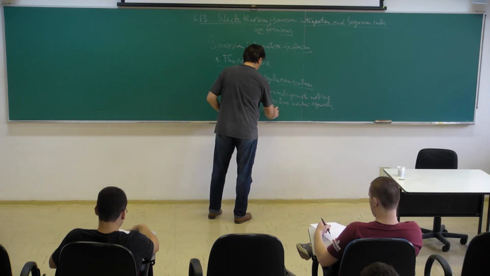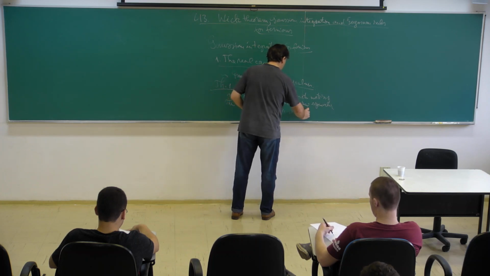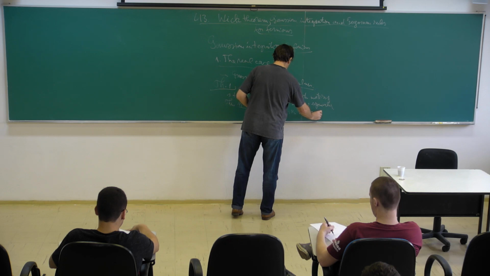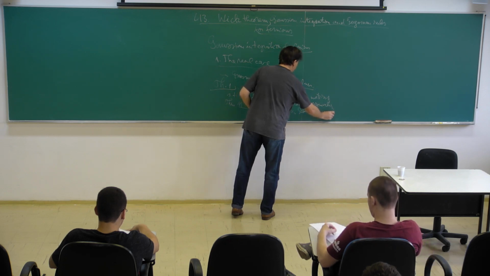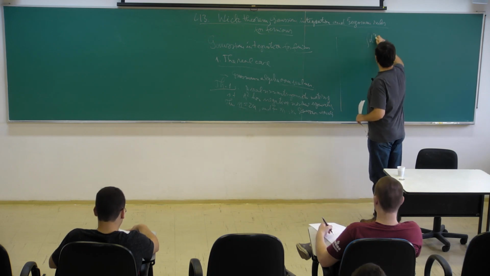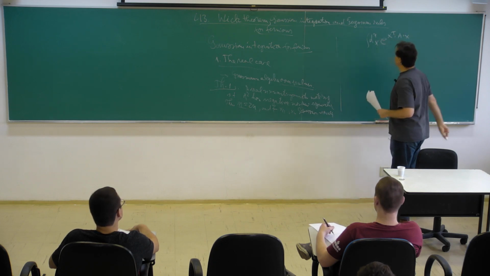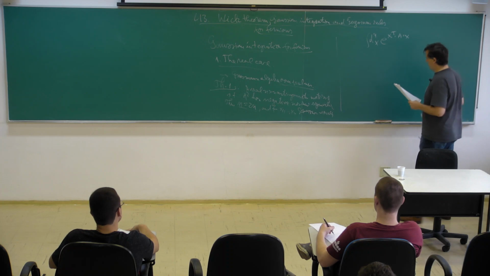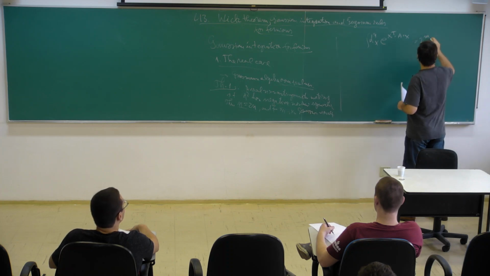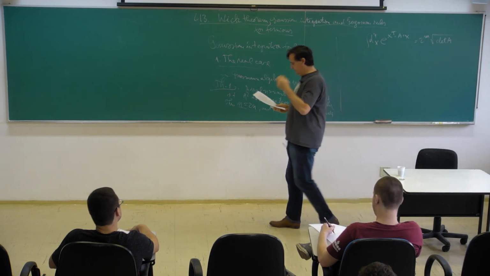And for x1 up to xn Grassmann variables, we have the formula: the integral of d^n x of e to the x transpose dot A dot x. So that's our Gaussian integration that we want to do. And this is 2 to the n over 2 times the square root of the determinant of A.